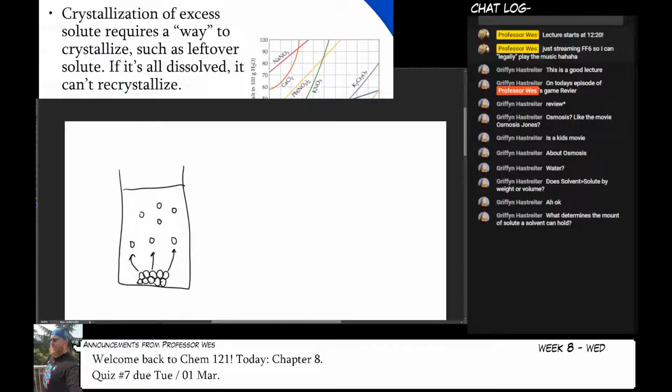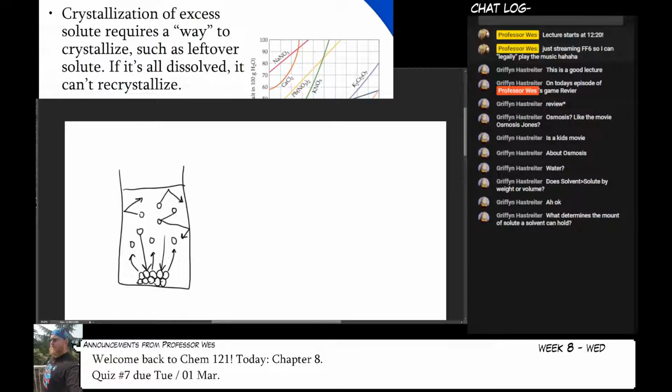Now, these pieces can move however they want to in the solution. However, one other possibility is they can move and bonk back into the solid that they dissolved off of and recombine.